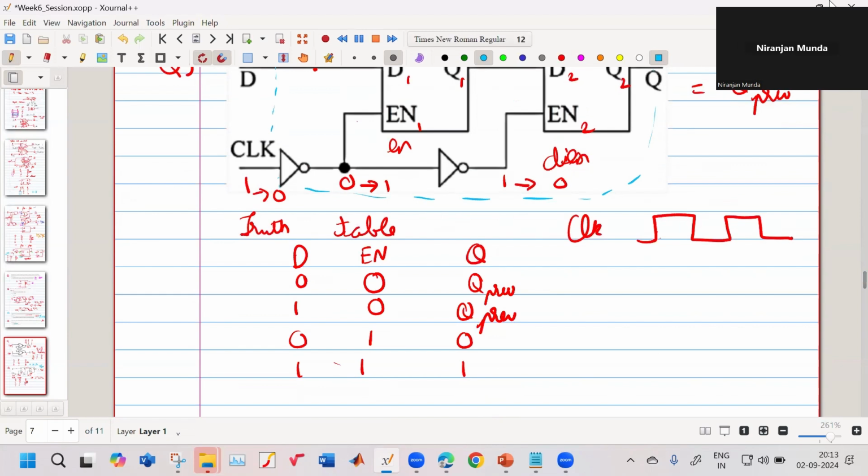When enable is high, only then is the value of D passed on. Otherwise, when enable is low, the D flip-flop output will remain at its previous value.